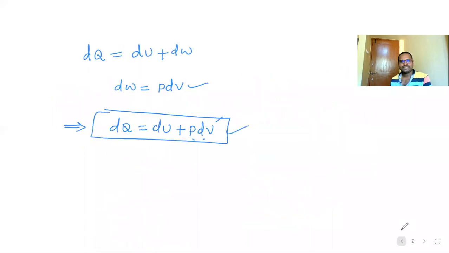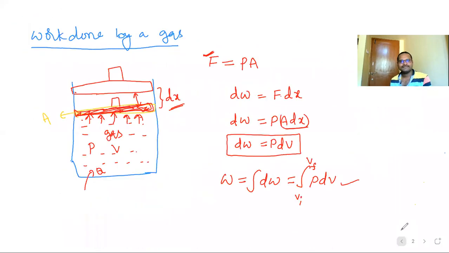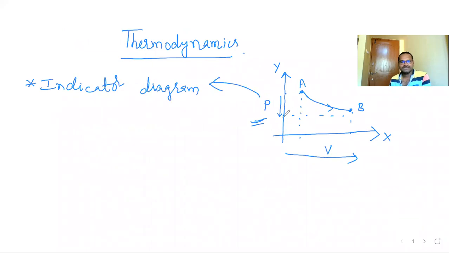Yes. Now come to that point, the indicator diagram. What is the importance of this indicator diagram? By using the indicator diagram, we can find the work done by the gas or system. How?